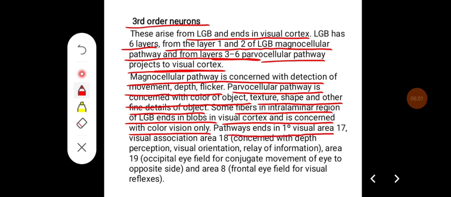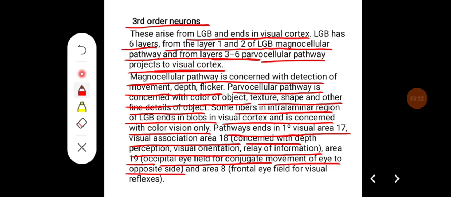Pathways end in primary visual area 17, visual association area 18, which is concerned with depth perception, visual orientation, and relay of information, and area 19, that is related to the occipital eye field for conjugate movement of eye to opposite side. Then they also go to area number 8, that is the frontal eye field for the visual reflexes.